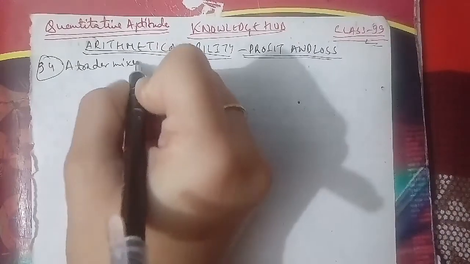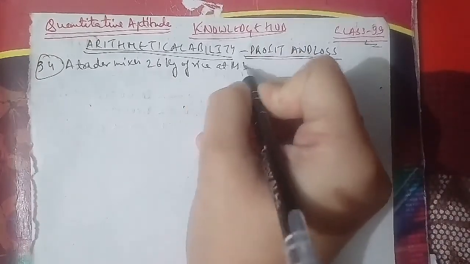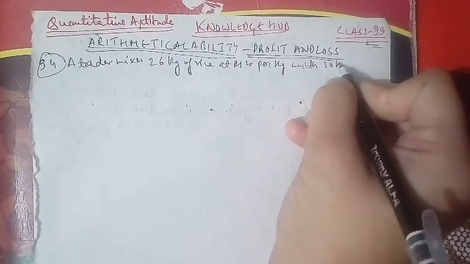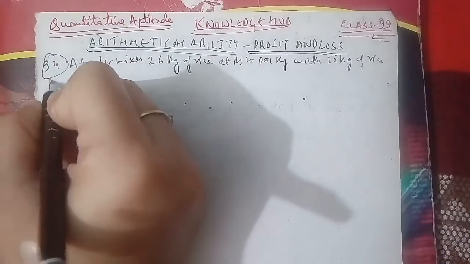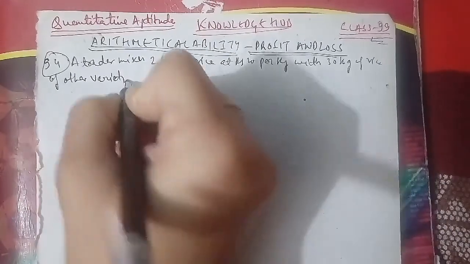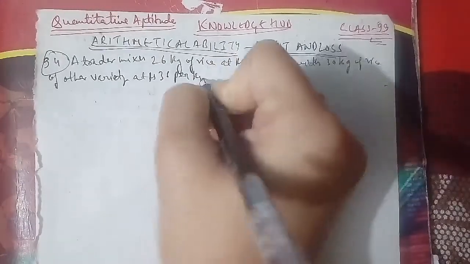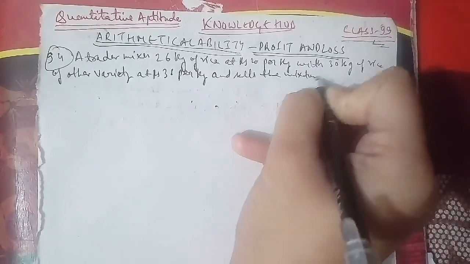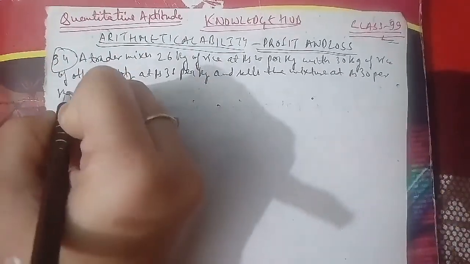A trader mixes 26 kg of rice at rupees 20 per kg with 30 kg of rice of other variety at rupees 36 per kg and sells the mixture at rupees 30 per kg.